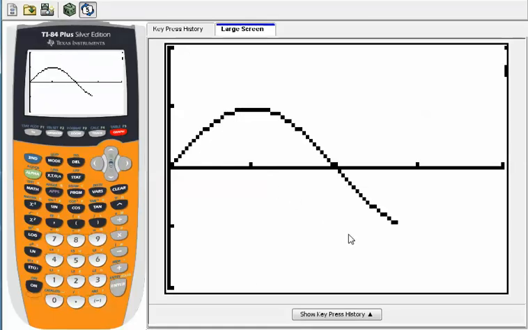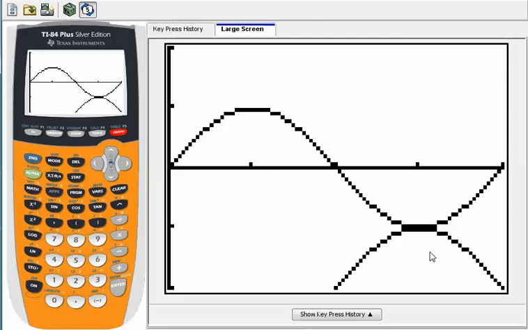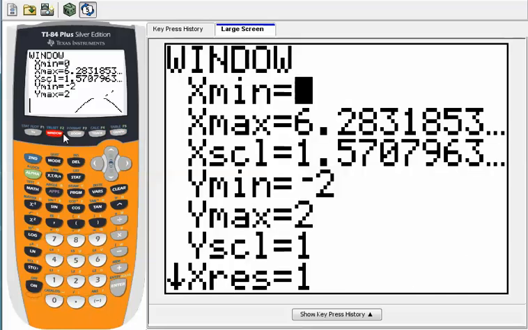So let's see. Here's the parent function. And, whoa, okay, well, our interval is good, but we can't really see where that other function went. I mean, it's down here. It sort of looks like a reflection. It's not really. It's just been moved down and over. So here we go. Change the y min and y max.